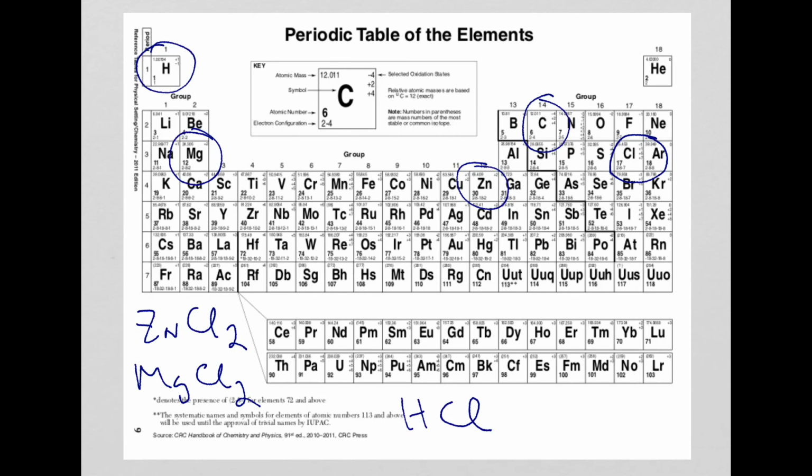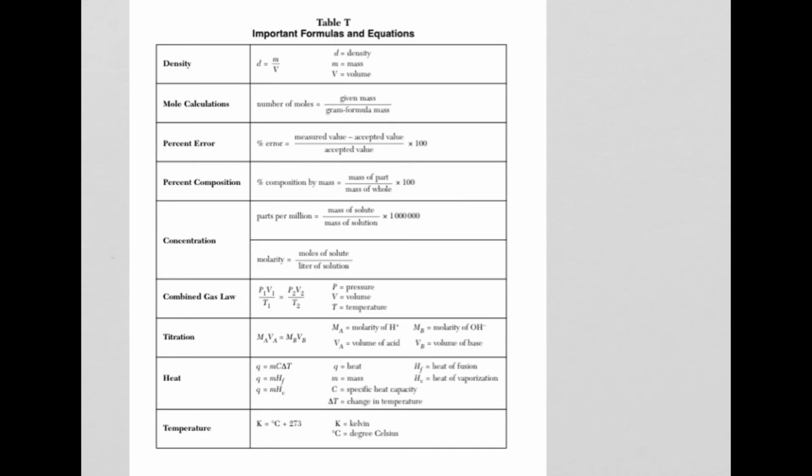In fact, if we go to the formula and equation sheet from the reference tables, we see percent here. There are 2 different percents on the table, percent error and percent composition by mass. We want percent composition by mass. We don't have a measured value and accepted value, so you have to use the words here and make sure you know which one you're looking at.